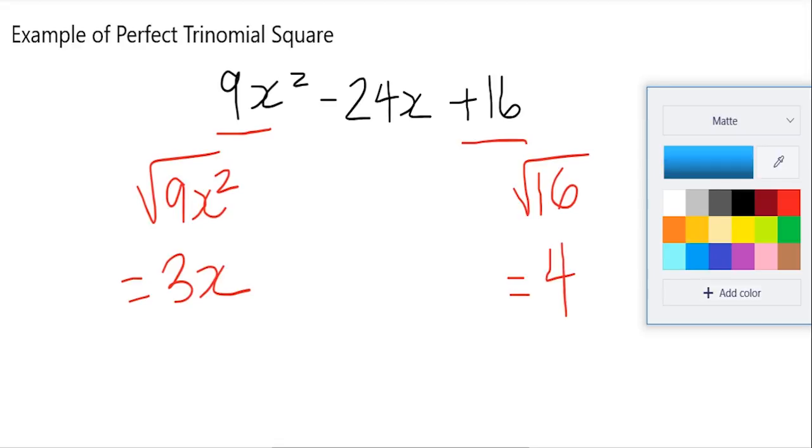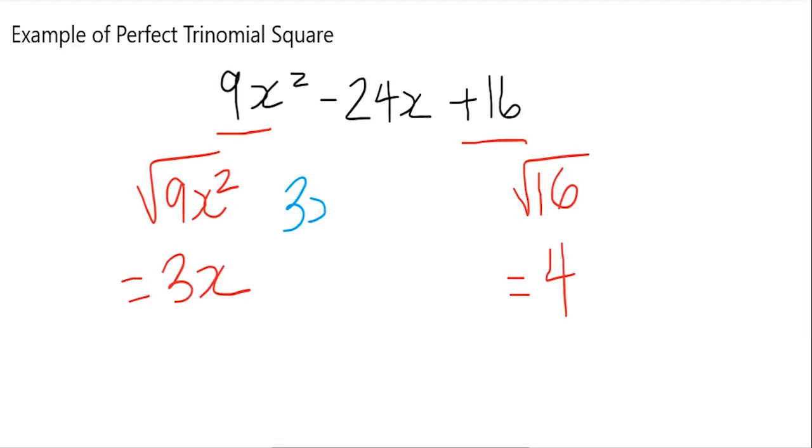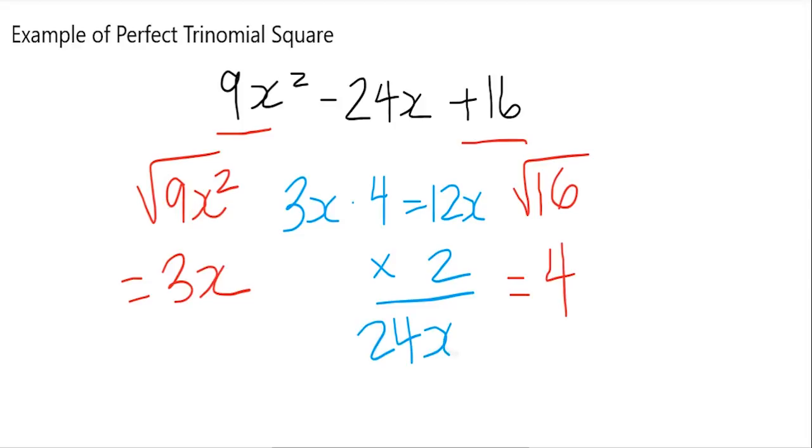We have 3x times 4, you get 12x. Now we know we have to multiply by 2, you get 24x, which is, in fact, your middle term. So you know that we're dealing with a perfect square trinomial or perfect trinomial square.